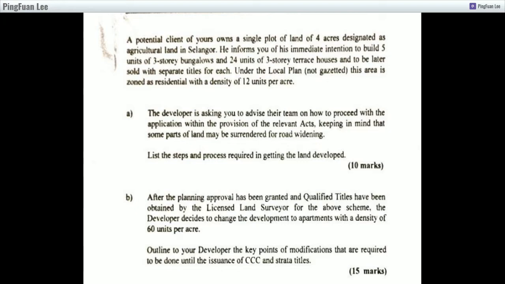But when the approval reaches PTG, the difficult part is recalculating all the premiums, because previously you have paid for the original plan. Then now the percentage of the re-alienation, the percentage of re-surrender might be different. So they will kind of set off.